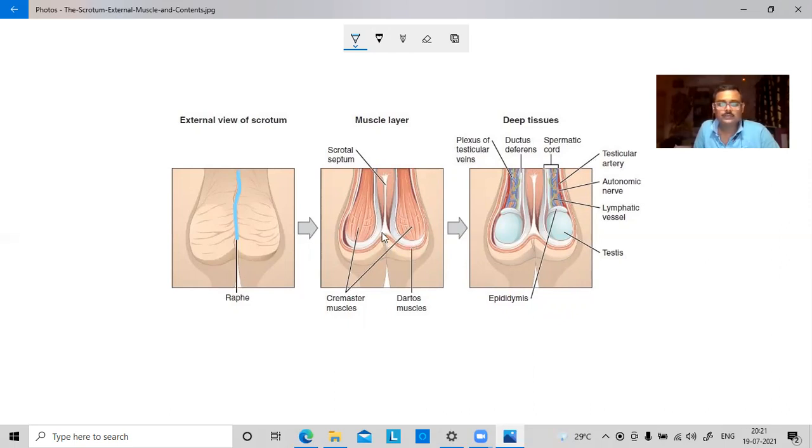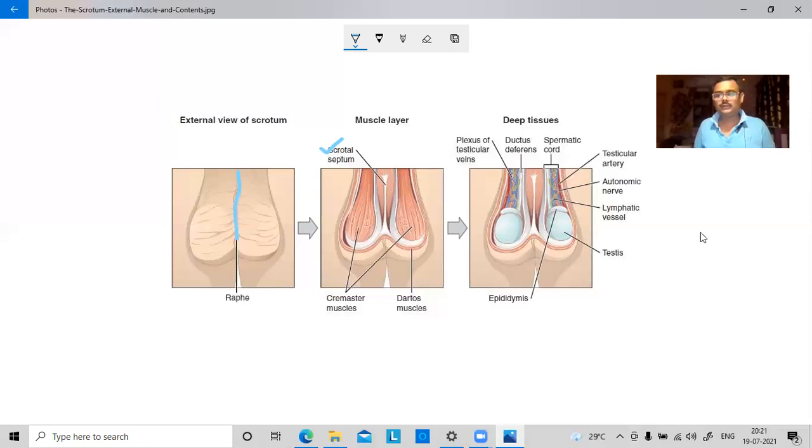Now, this median raphe extends internally, forming the scrotal septum, which will separate the scrotal sac into two compartments. Within each compartment, there will be the testis and the spermatic cord and its components.